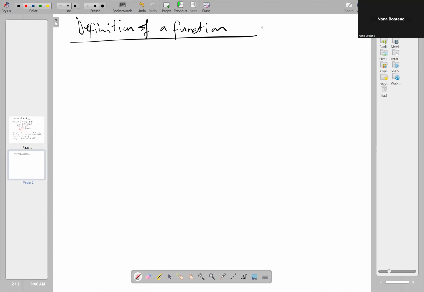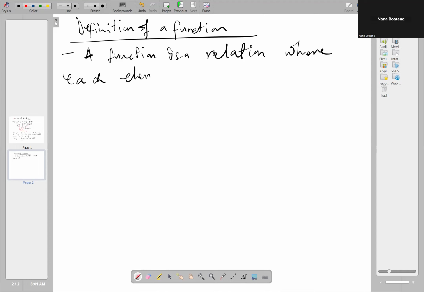Or you can say a function is a relation where each element in the domain corresponds to exactly one element in the range.